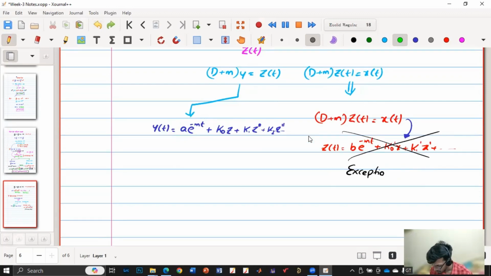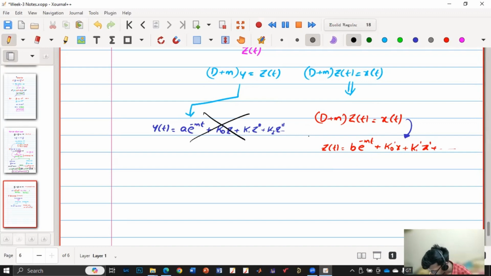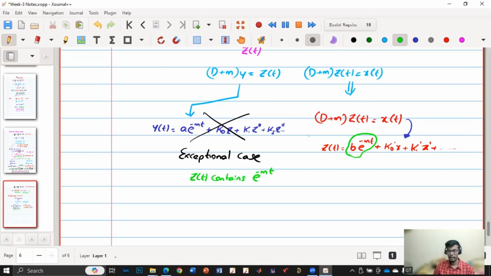So I cannot write this because this is an exceptional case, because z of t contains e to the power minus mt, right? Do you agree? Yes, sir.